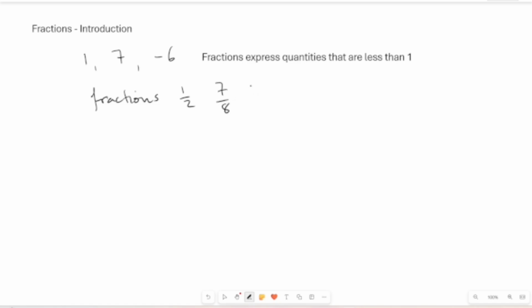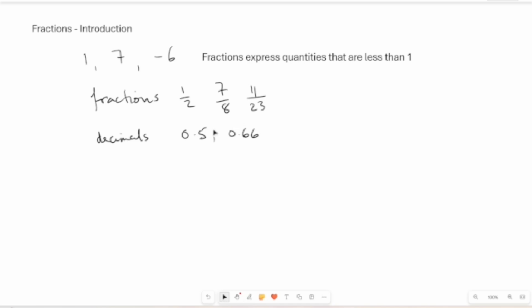Some examples of fractions, and decimals tend to look like this, and so on. And these both express the same idea, but in different ways.